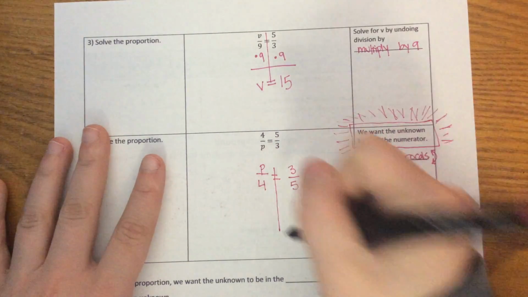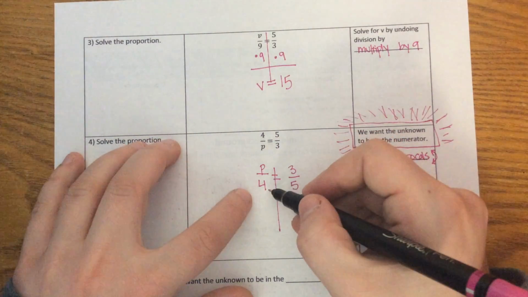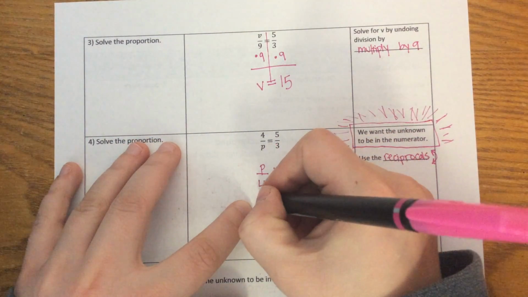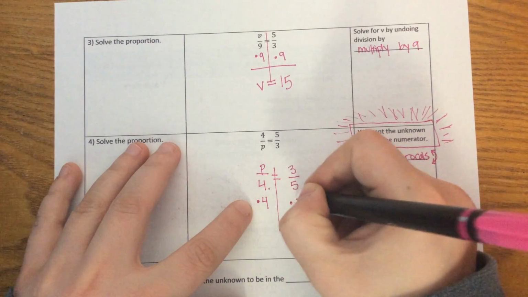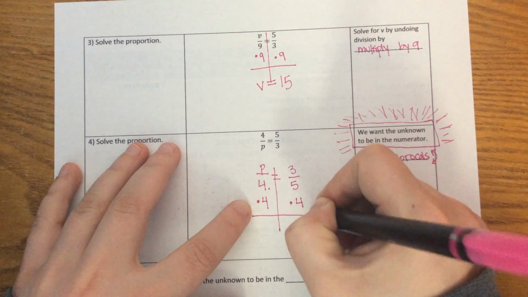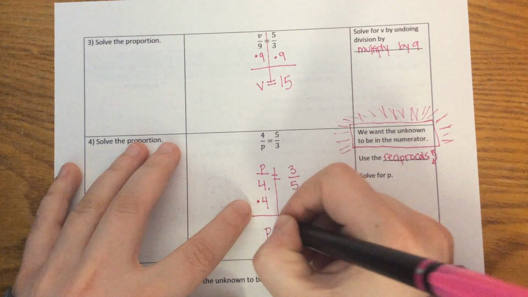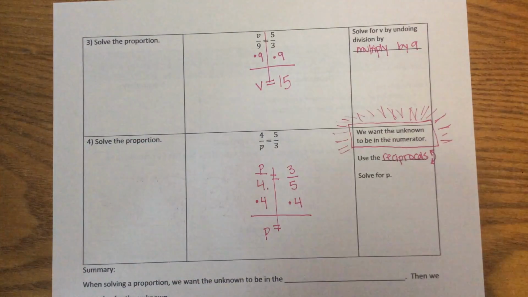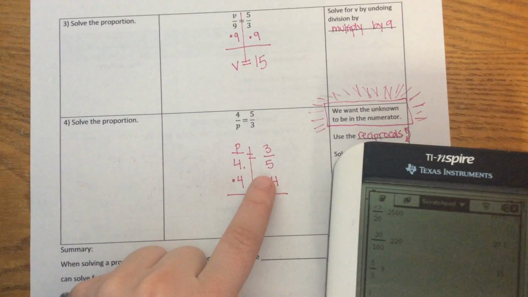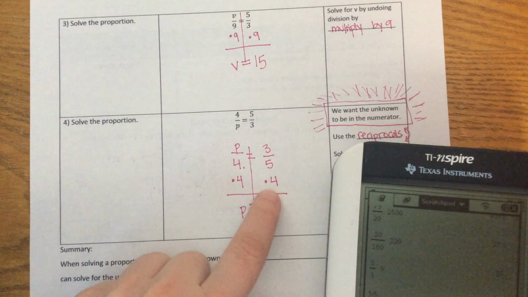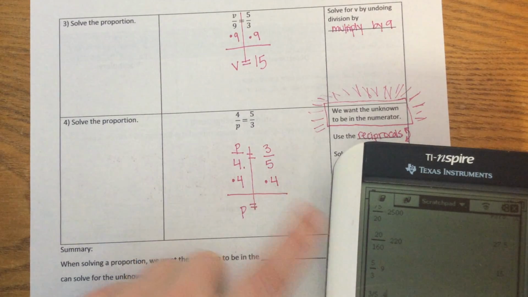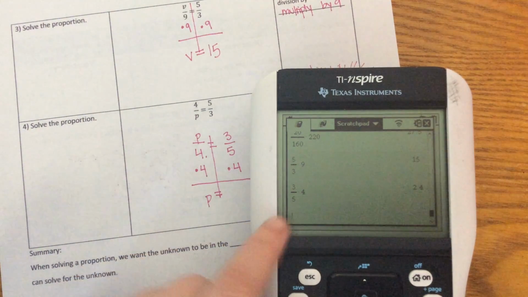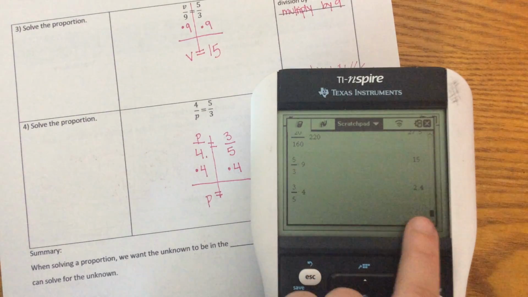So now I would draw my line. I have to undo dividing by 4. So I'm going to multiply by 4. If I do it to one side, I have to do it to the other. This would be left over with just p equals. Now my calculator, I'm going to do 3/5. So 3 divided by 5 times 4, and I get 2 4/10.